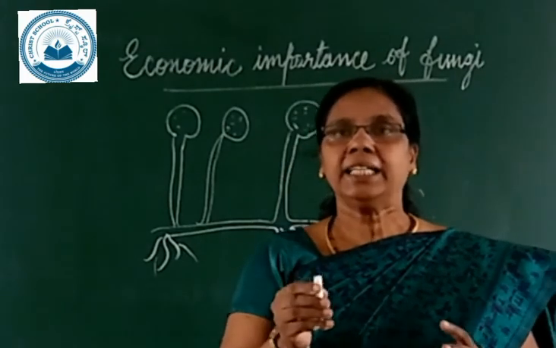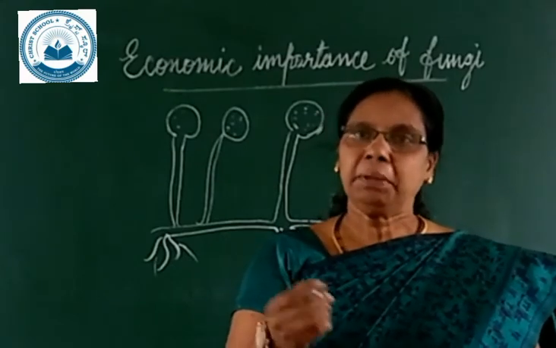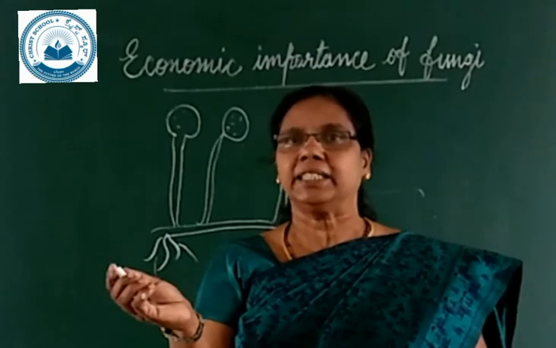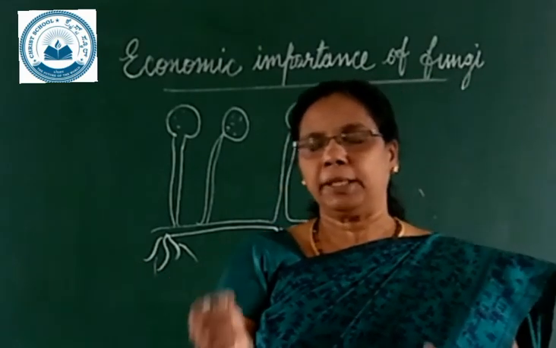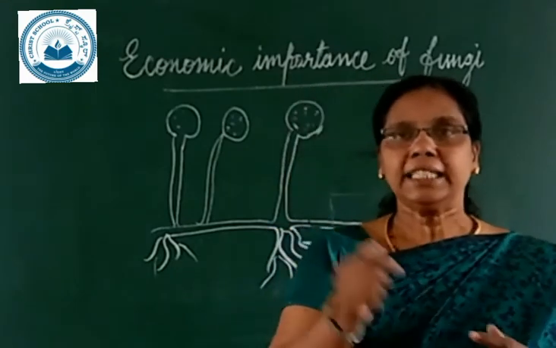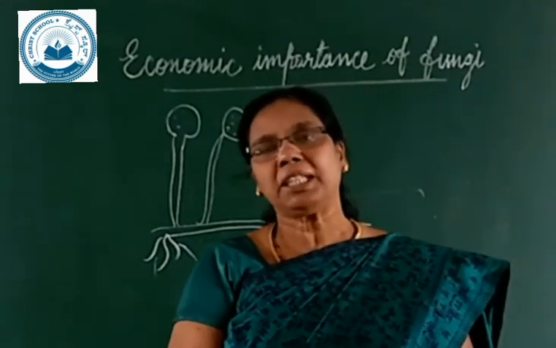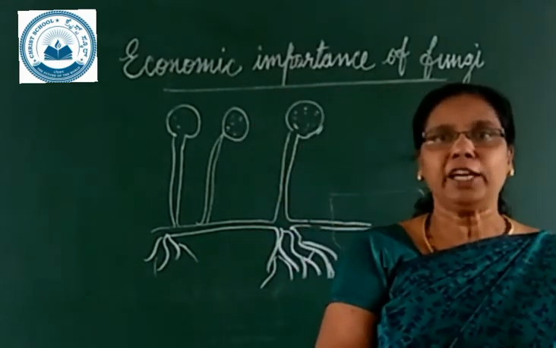When a spore reaches another suitable substratum, maybe a bread or any other substratum, it starts a new life. That's how reproduction takes place, and this is one of the essential methods of reproduction usually seen in fungi.